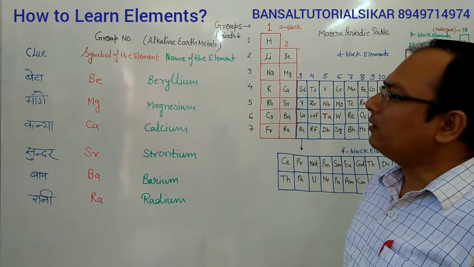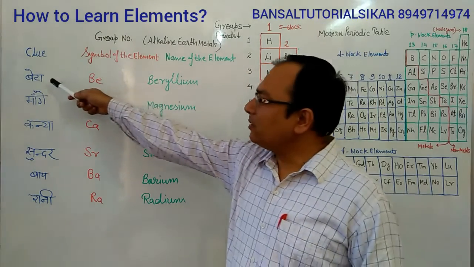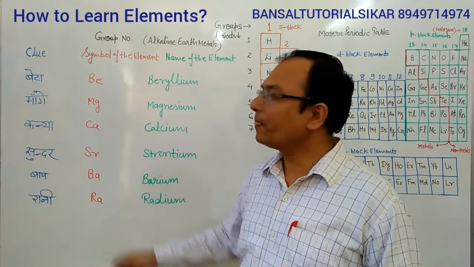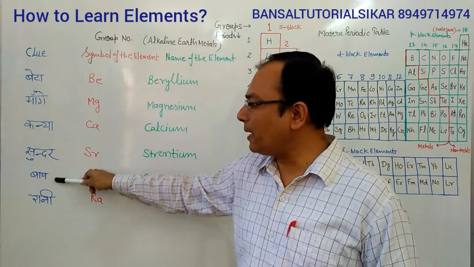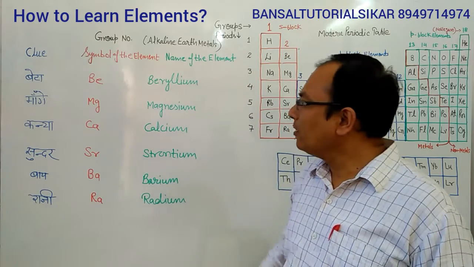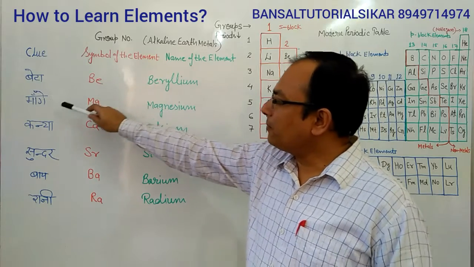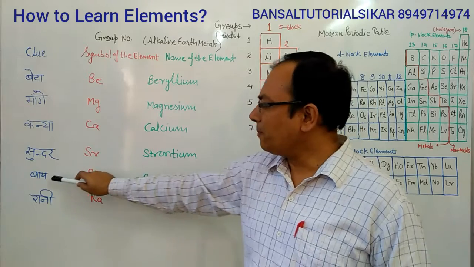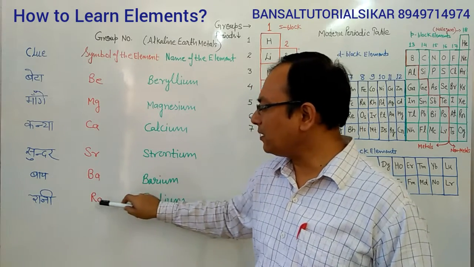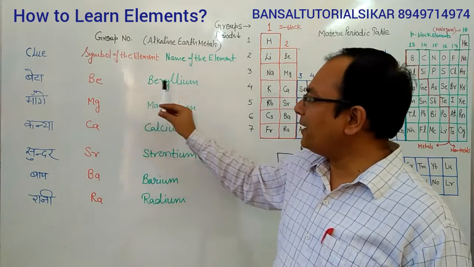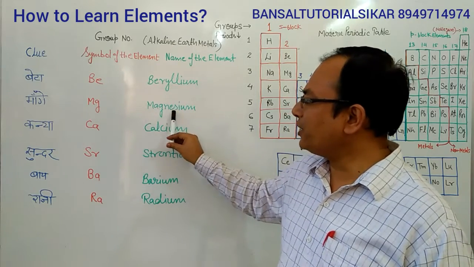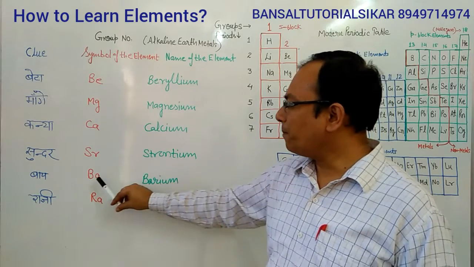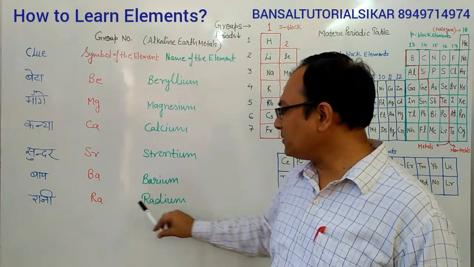And the clue to learn these elements is: बेटा मांगे कन्या सुंदर बाप राजी. बेटा, Be, beryllium. Mg means magnesium. Ca means calcium. Sr means strontium. Ba means barium, and Ra means radium.